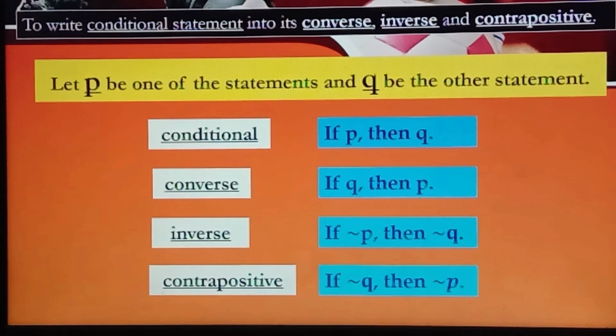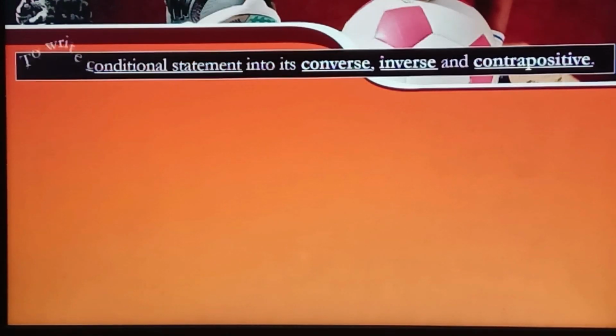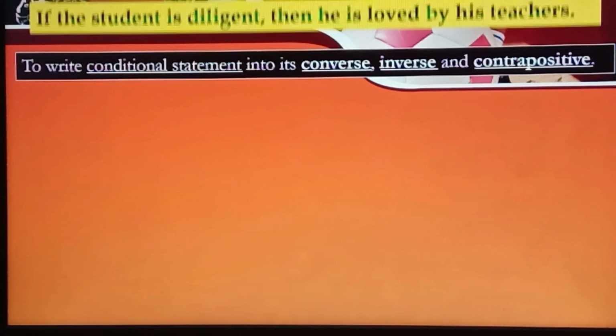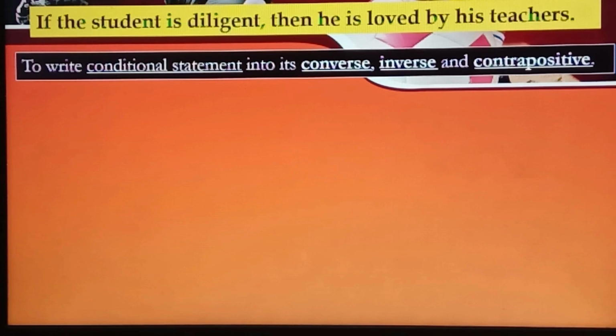Now let us go to our example. So we have here an example of a conditional statement that says if the student is diligent, then he is loved by his teacher. If you notice, this example appeared already in our previous slide, so I will be using this example here.